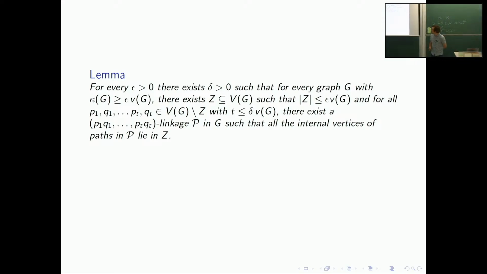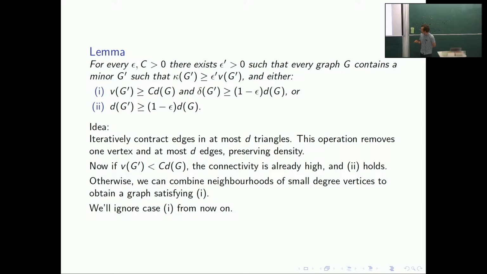Okay. So the takeaway from this lemma, if we ignore condition 2, is that we can, without decreasing the density much at all, actually get some positive connectivity.